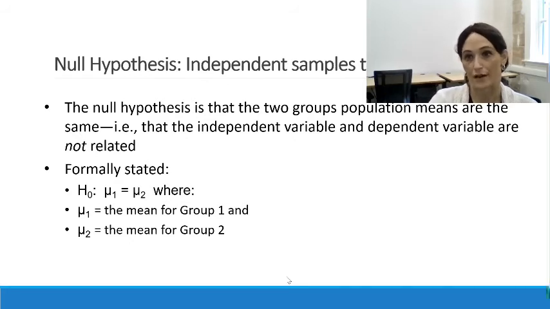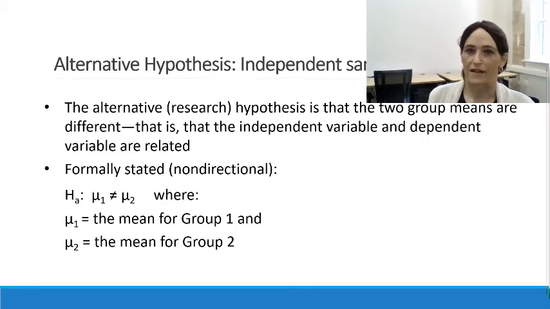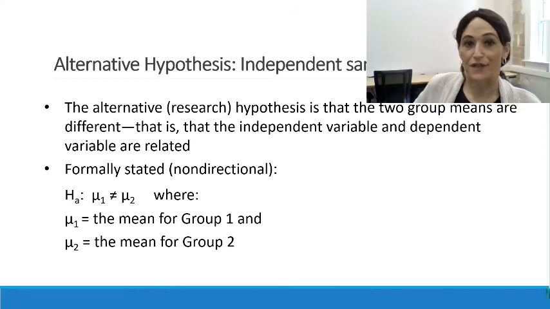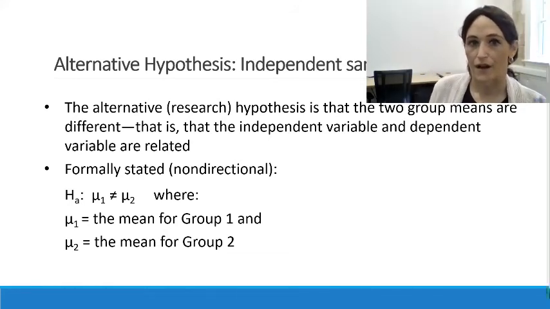That would be our null hypothesis of no difference. We could also say that mean of one group minus the mean of the other group equals 0, but that would mean exactly the same thing mathematically. So the alternative hypothesis would be that the 2 groups are different. That is, that the independent variable and the dependent variable are related, and that there is a difference between the 2 group means.